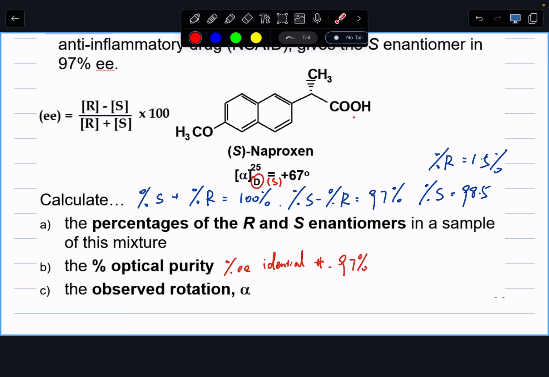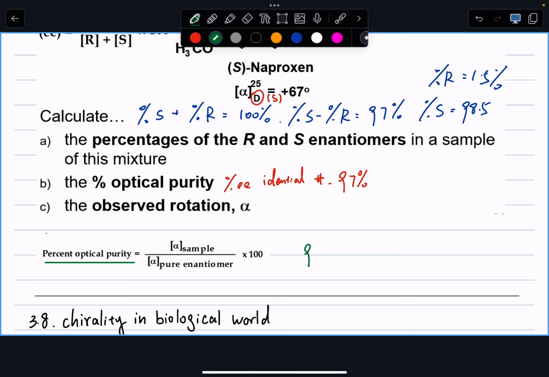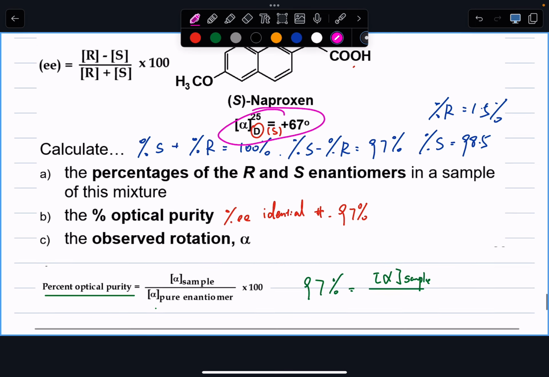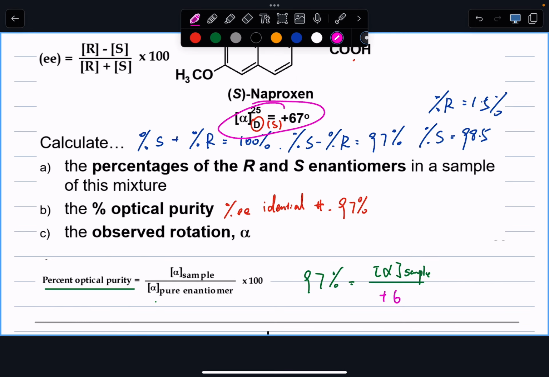Plug in the numbers: the percentage optical purity, 97%, equals the alpha of the sample that we're looking for, over the alpha of the pure enantiomer, which is given. That's plus 67 degrees. You plug that into your calculator, and you get your final answer of 64.5 degrees.